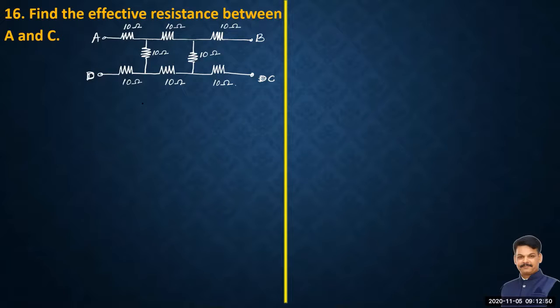You have to consider only those resistors which come across the path of the current flowing between A and C, so that the current can flow through that path.